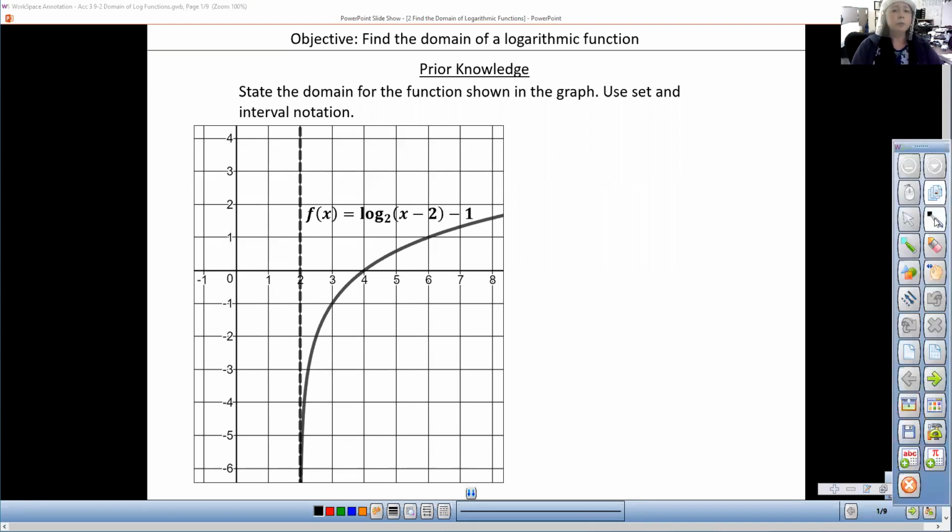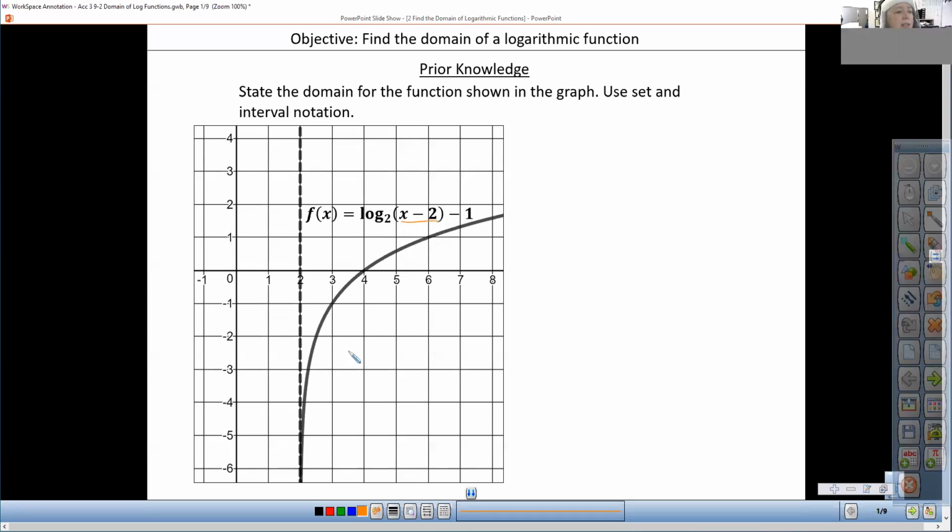Although we're using our algebra today, this will demonstrate one of the possibilities that we get for our domain. So here in this logarithmic function, our argument is x minus 2. I only point that out because the structure of that with x to the first power makes it a linear argument.